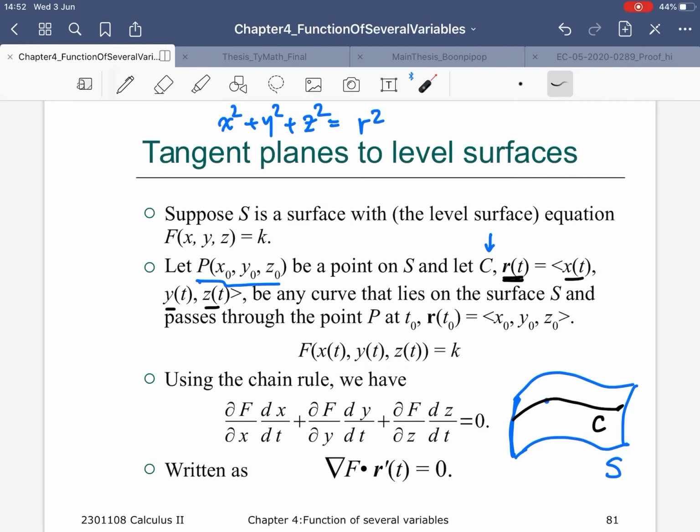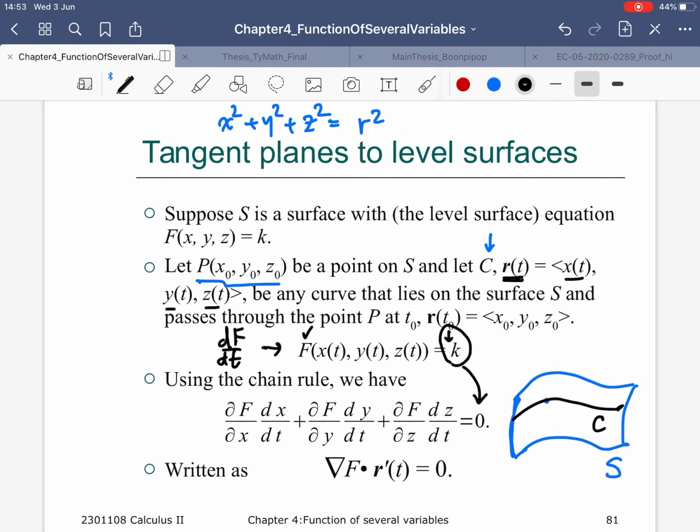So right now the final variable is t. If you use the chain rule to find a derivative with respect to t, you are going to differentiate both sides with respect to t.